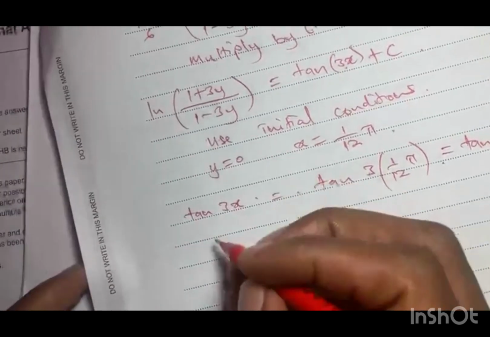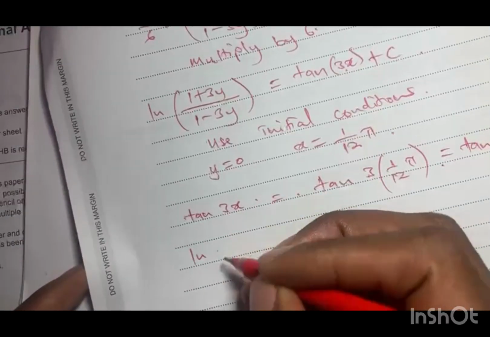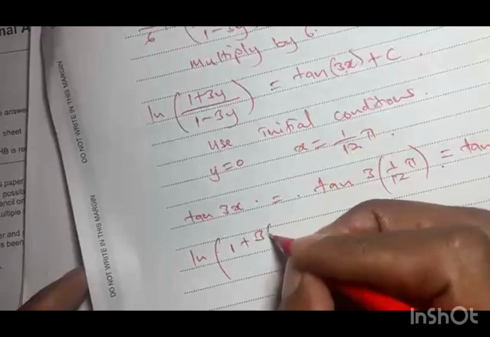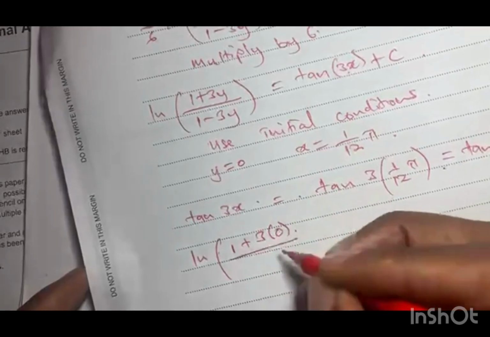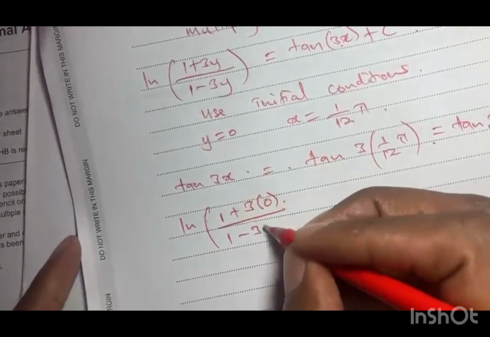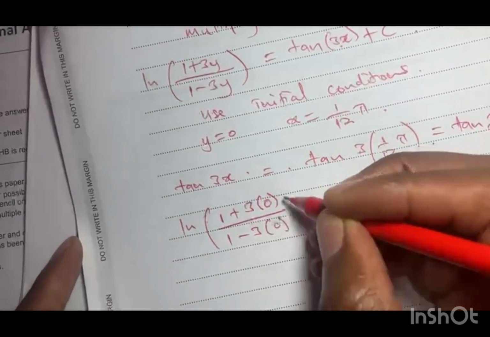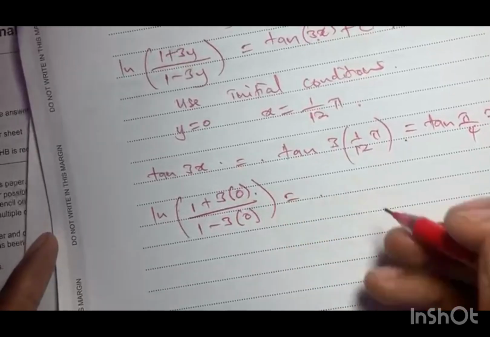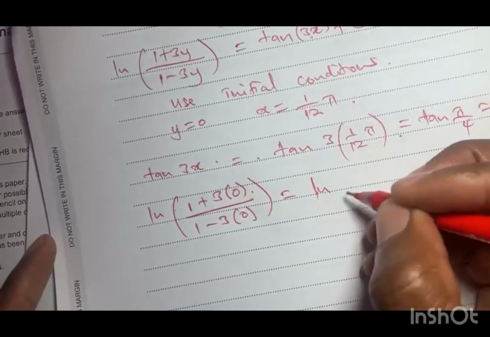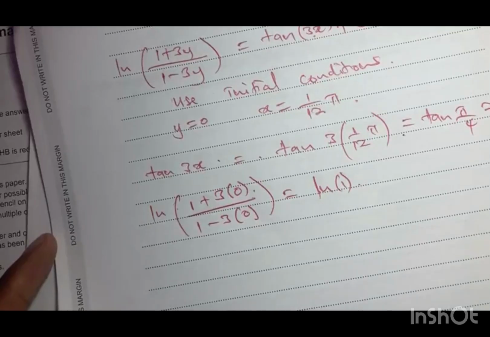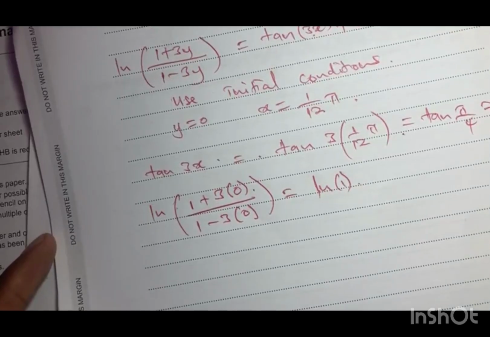Then the other side, ln of 1 plus 3, substitute 0 for y, over 1 minus 3, substitute 0 for y, then I'm going to get ln 1, and ln 1 is equivalent to 0.